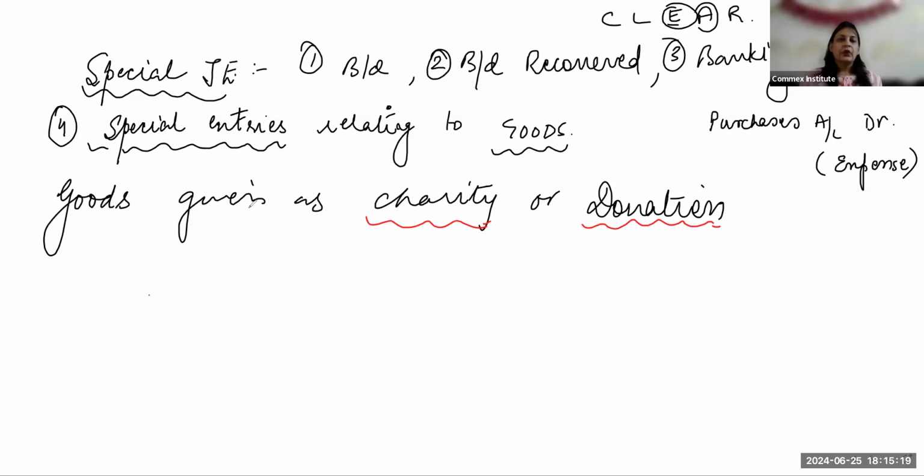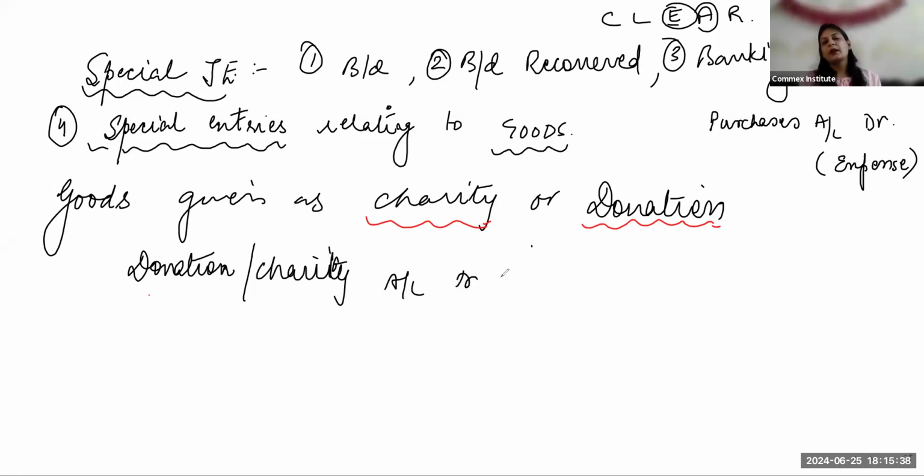So those dresses which are given to this orphanage are basically charity or donation. So that is also an expense. So we are going to debit that account. So donation account or charity account debit. And to that extent, I'll have to credit my purchases account because my purchases account is going down.